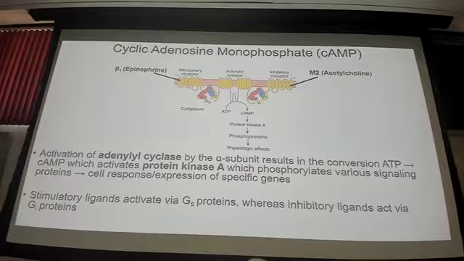Thank you very much. So you guys remember this, right? Yeah, good. And we know the inhibitory pathway does the opposite. It's going to block the conversion of ATP to cAMP. And so, great, you guys remember this.